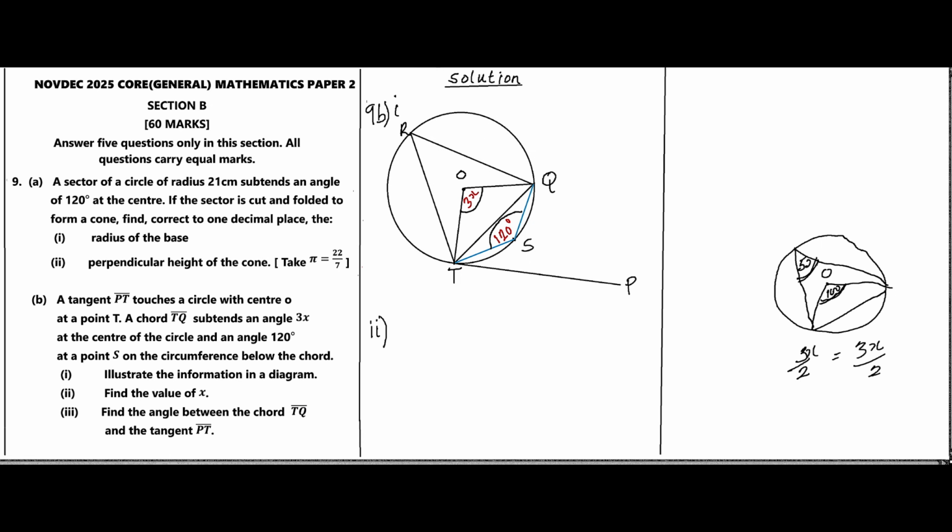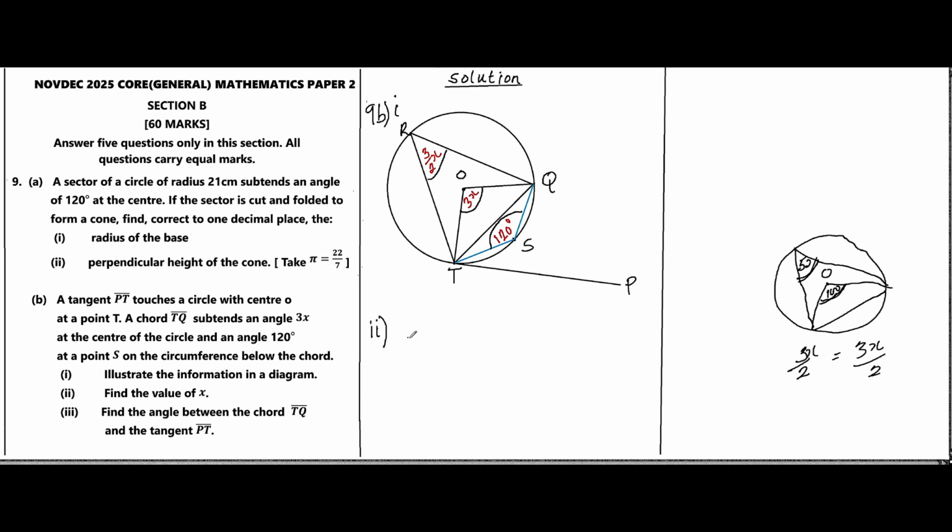So that will be the angle at the circumference. So we have 3 on 2x. So we need to state the reason why the angle at the circumference is 3 on 2x.